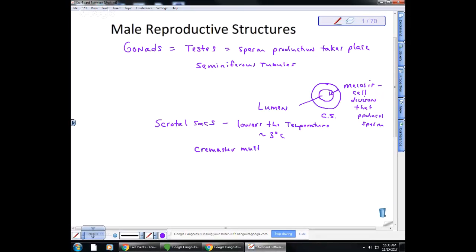So this cremaster muscle is skeletal muscle. And it actually extends down into the testes, and it is used to raise or lower the testes. So if the testes get very cold, they get pulled up towards the body cavity where it is warmer.